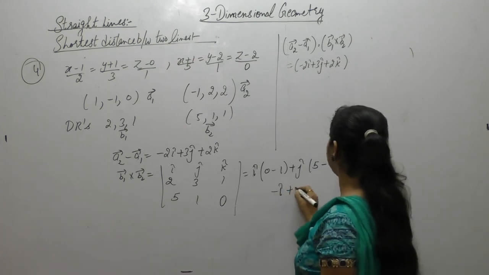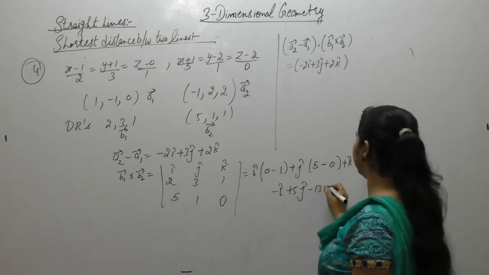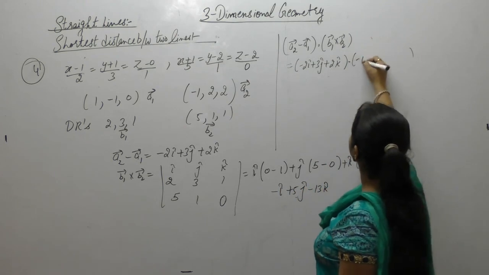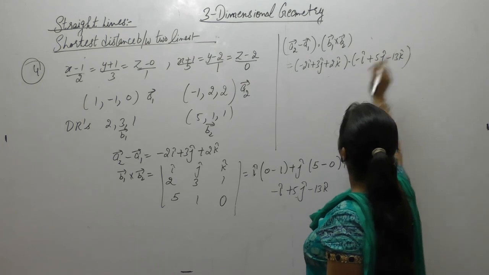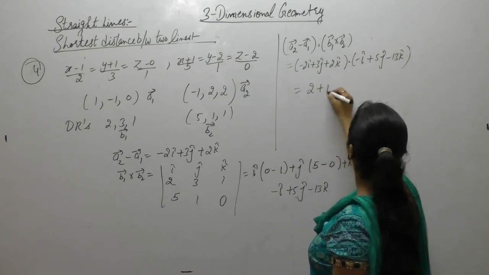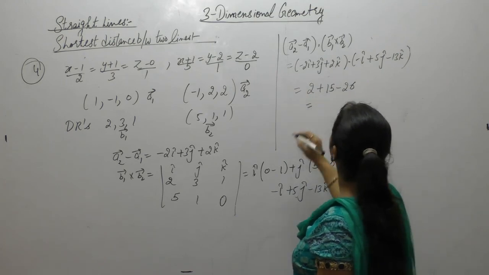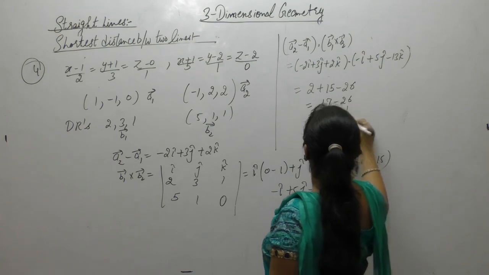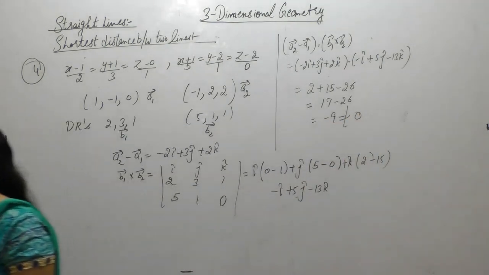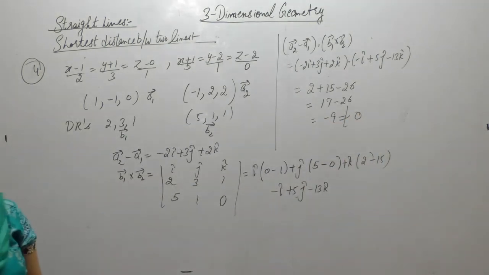So minus i plus 5j minus 13k. Minus i plus 5j minus 13k, dot with the a2 minus a1 vector: 5 into 3, 15, 13 into 2, 26, 15 minus 26 minus 9 is not equal to 0. So these lines do not intersect.